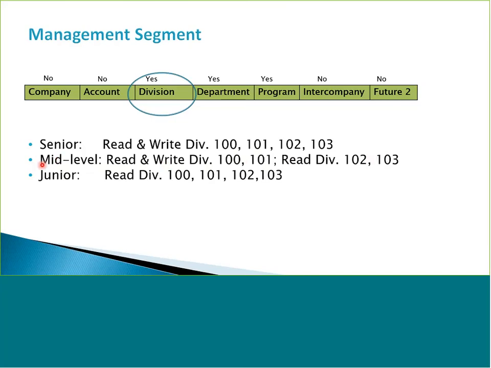And then the lowest level of seniority, the junior, we want them to have only read access. So they can't do data entry for any of these divisions. So how would we go about this?